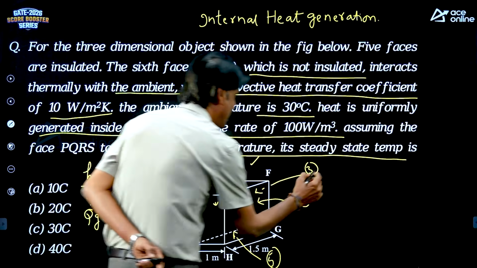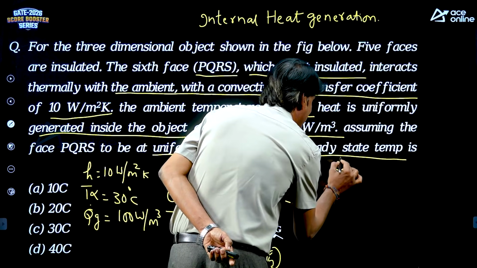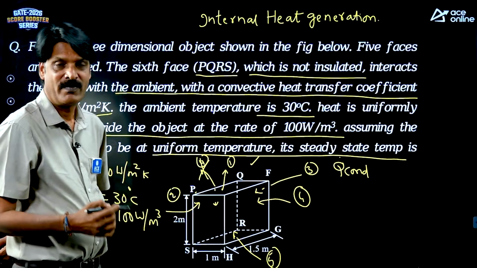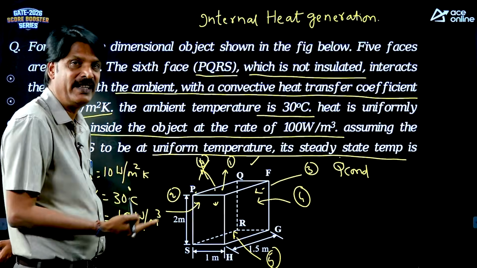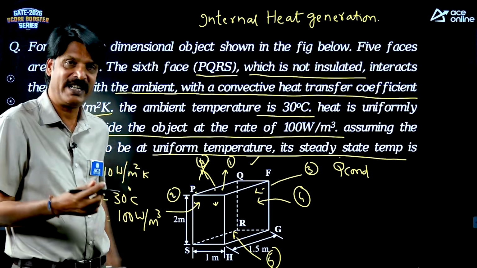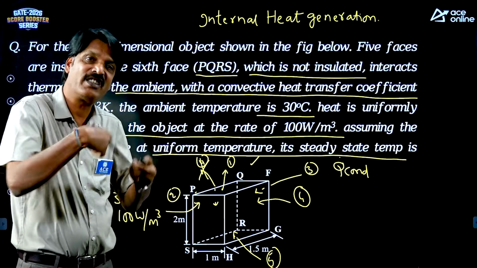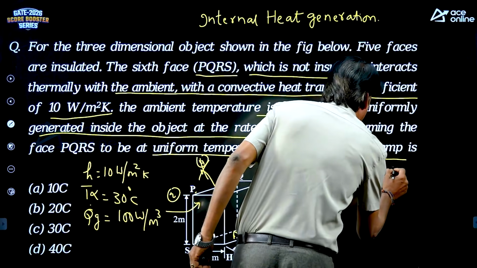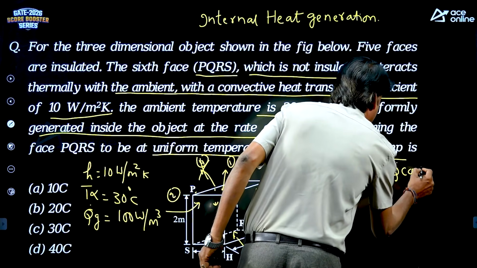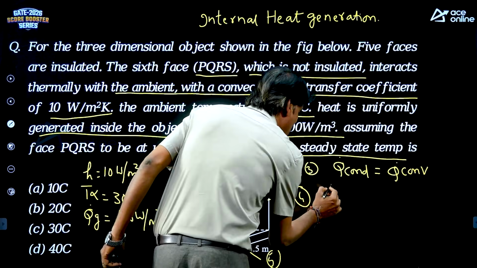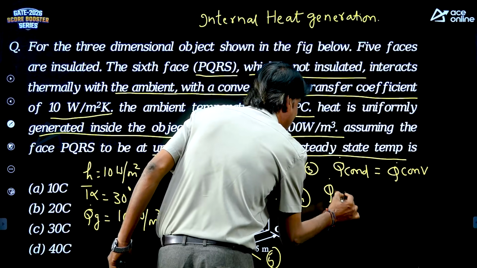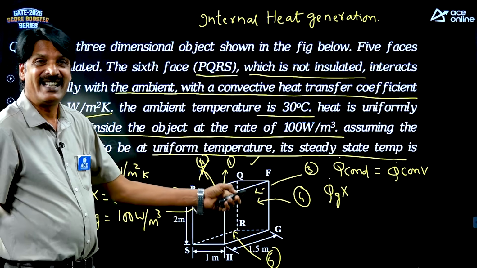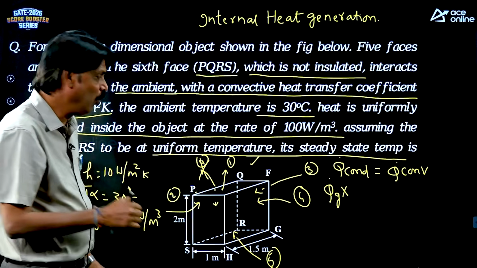So, I will say that the conductive heat transfer, because of the total heat that is generated, as he is saying steady state, whatever heat is being generated, everything has to go out. This value should be equal to the convective heat transfer. So, the total amount of heat conducted is the total amount of heat generated, Q dot G into volume.